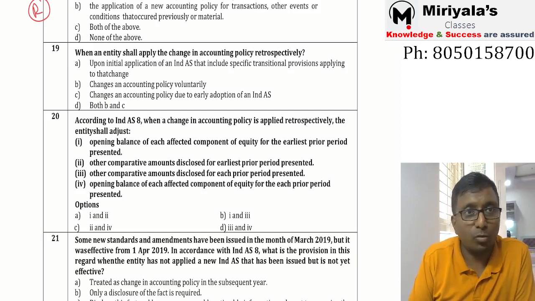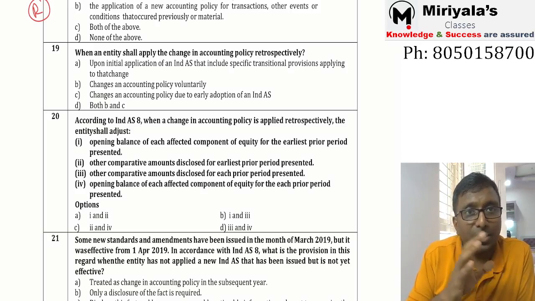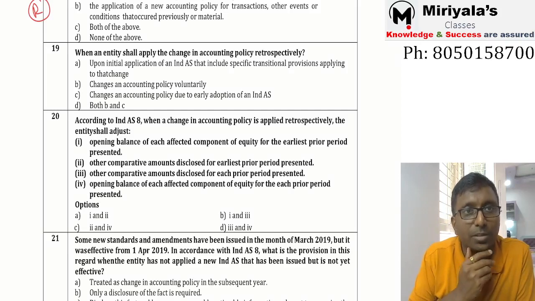Okay, B, D, two answers came. When an entity shall apply the change in accounting policy retrospectively upon initial adoption of the Ind AS, that includes specific transitional provisions applying to that change. Initial application of Ind AS.